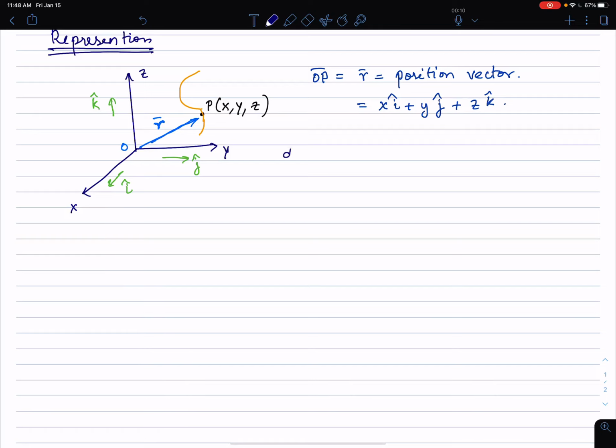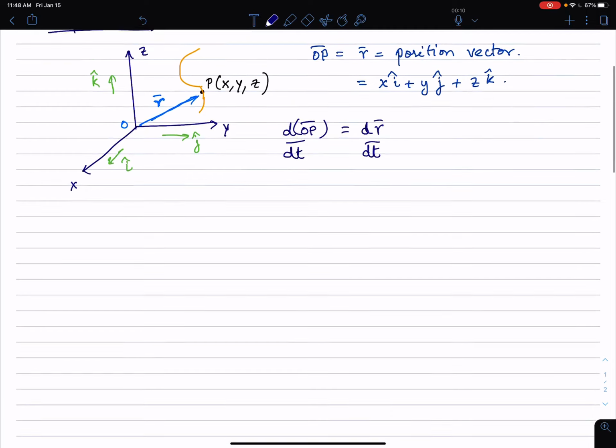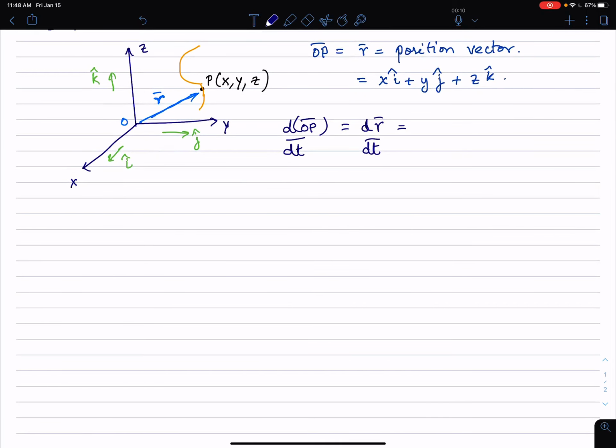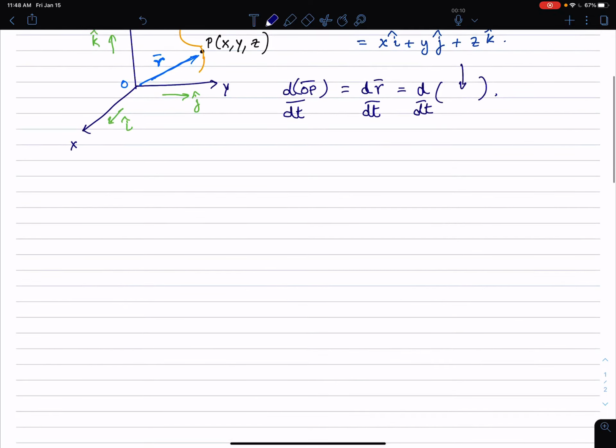Moving along. So let's say that particle is moving. We can define the velocity, which is basically dOP divided by dt, the derivative of this vector, which you can write as dr by dt, okay, which is basically d by dt of this thing, okay, which is basically dx by dt i plus dy by dt j plus dz by dt k, okay.